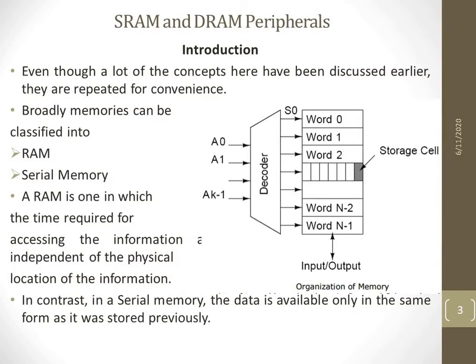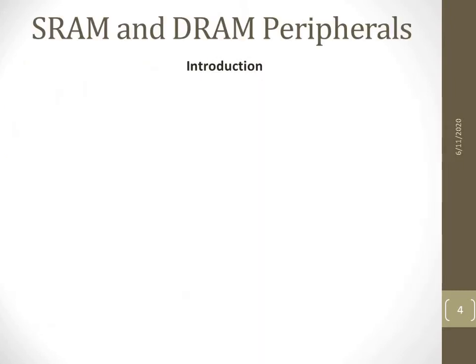In contrast, in a serial memory, the data is available only in the same form as it was stored previously. In the diagram of the organization of the memory, you can see it consists of an address decoder and the word lines, which are indicating the storage cells.